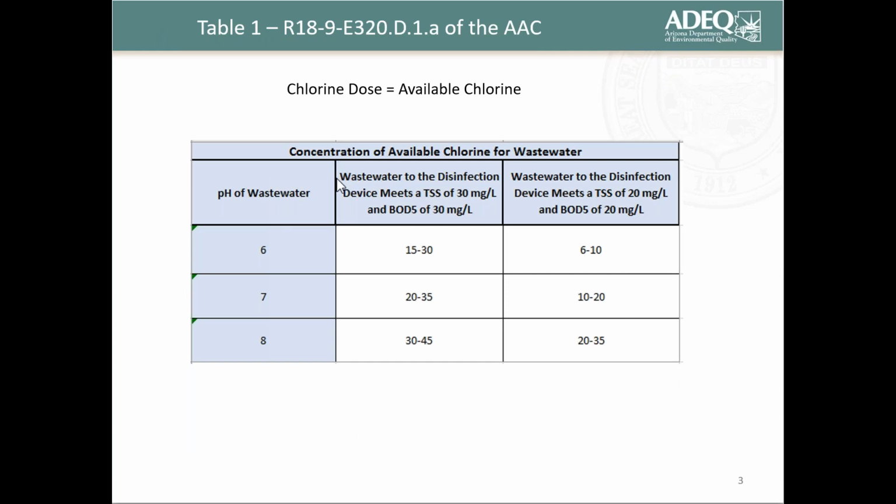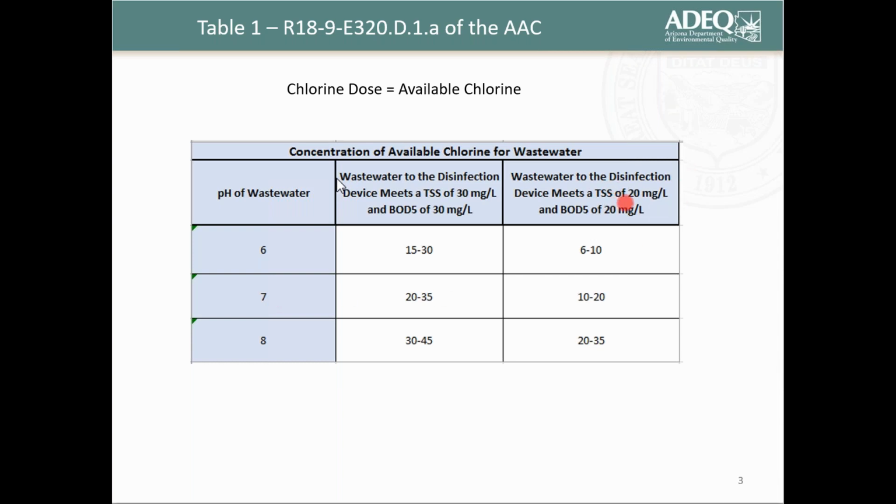So first, here's Table 1. And the title in Arizona Administrative Code is basically concentration of available chlorine for wastewater. That's another way of saying that's the chlorine dose. And in this case, let's look here. We're looking at a pH of 7.